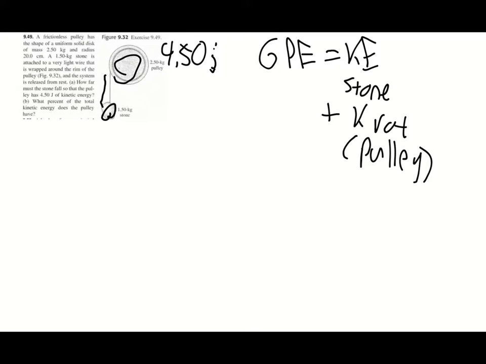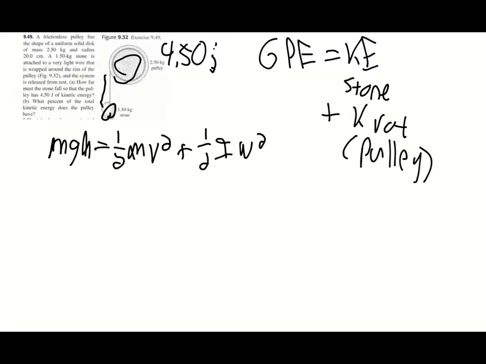And we can make an equation of that. The equation is mgh equals 1/2 mv squared. You'll notice that I left the same m for both of those because the m that's dropping is the stone, plus 1/2 I omega squared, and that's for the pulley itself.